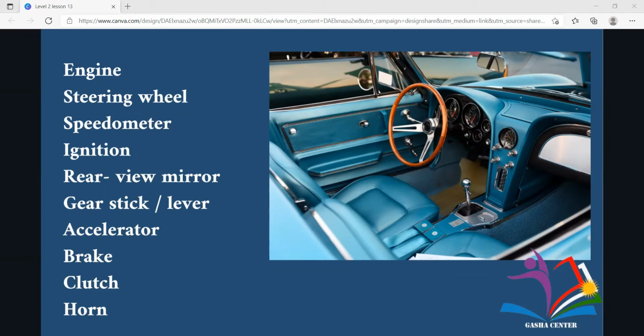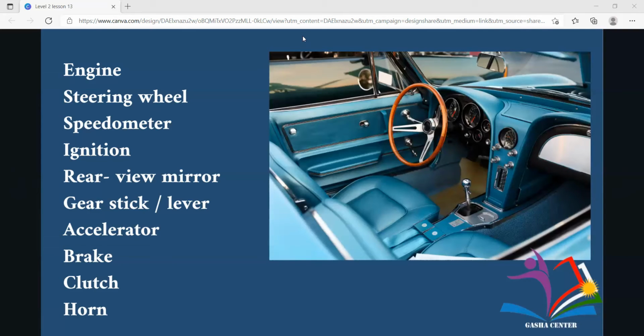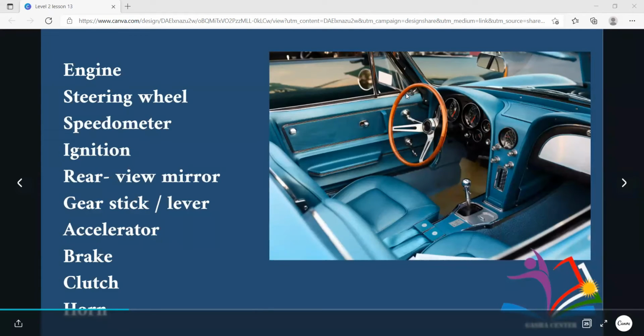And steering wheel, do you know what steering wheel is? Yes, what is steering wheel? It is the main one in Kurdish. Yes, that's it. But in English, you can say it is what you use to move the car from left to right.